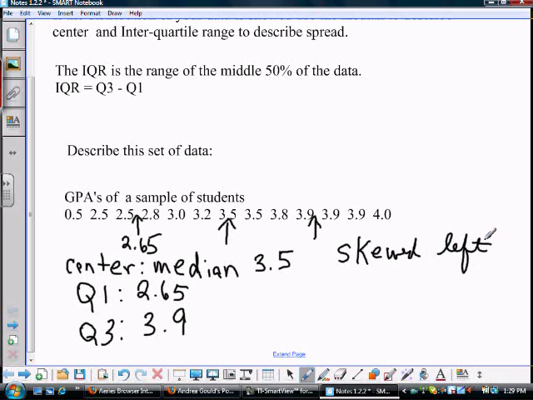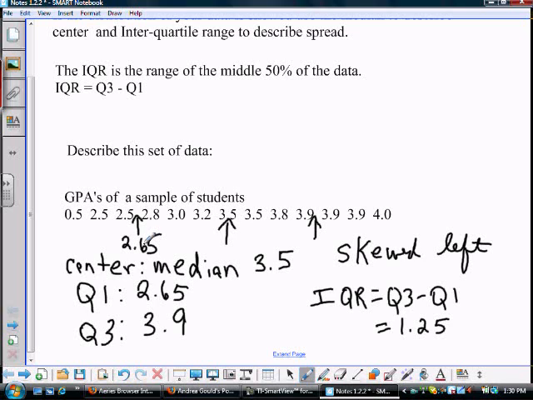And if I want to describe the spread of this data, I'm going to call the spread the IQR, which is Q3 minus Q1, which is 1.25. Q3, the 3.9, minus Q1, the 2.65.